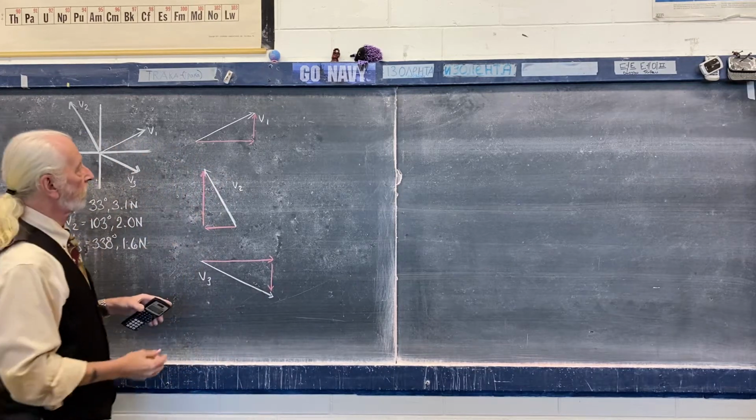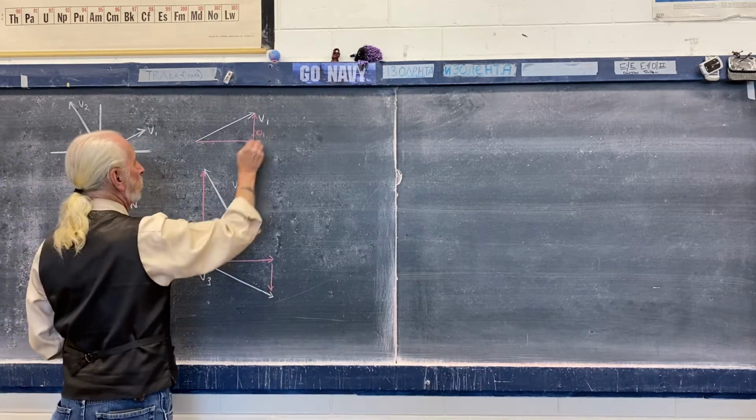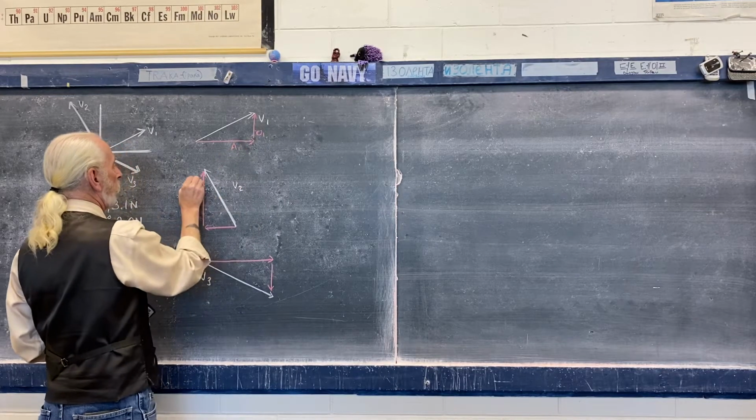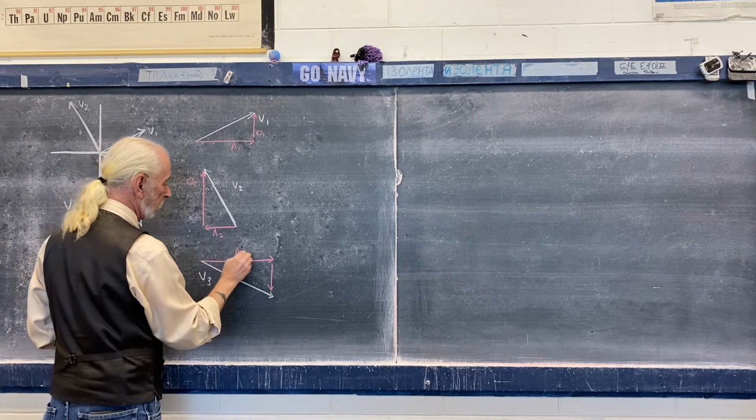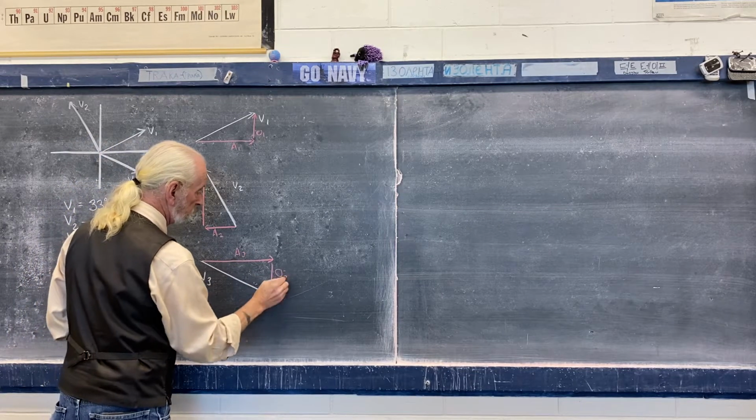We'll label them accordingly. This would be opposite 1, adjacent 1, opposite 2, adjacent 2, adjacent 3, opposite 3.